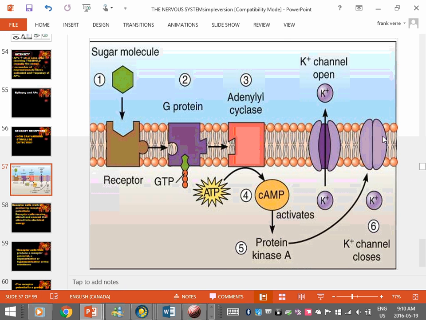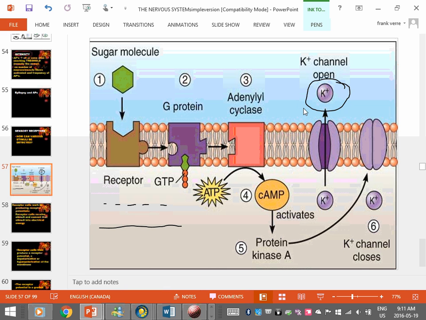So this is an example of one. It's not controlled by the voltage. But why would this trigger an action potential? Well, I want you to think about this. You have a neuron where the dotted line is the threshold. The straight line is the resting state. Now, some potassium leaks out through this channel.